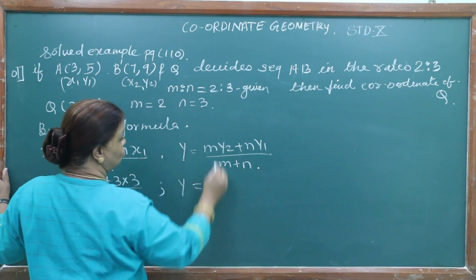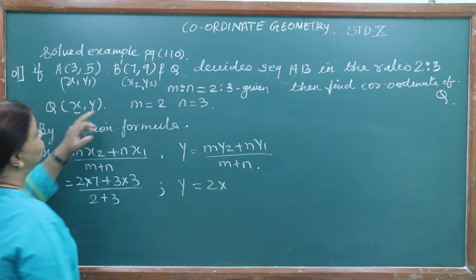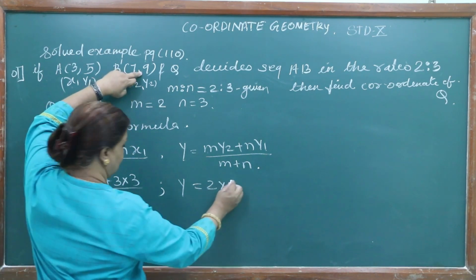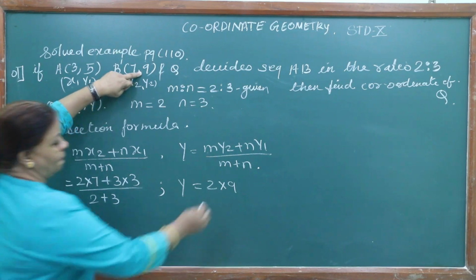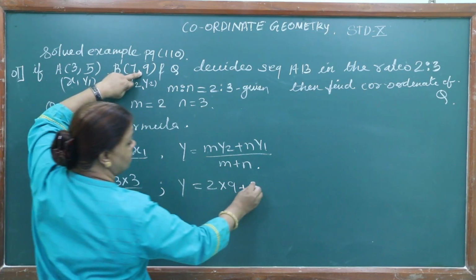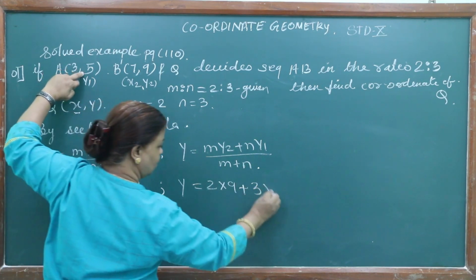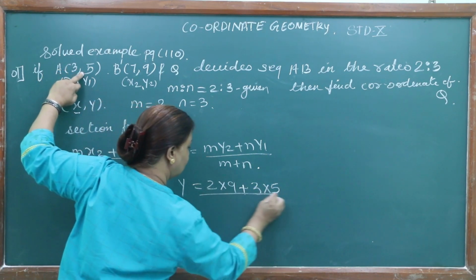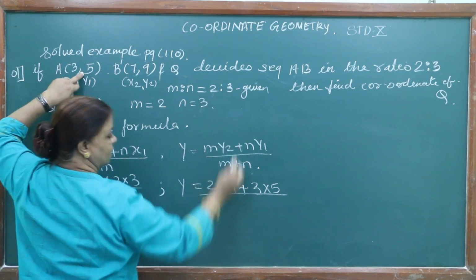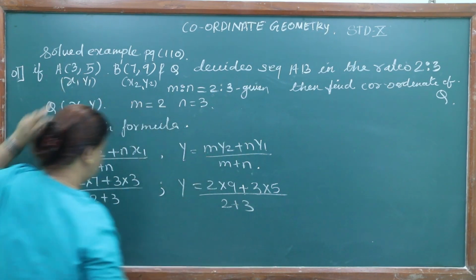Similarly, put the values here. m is 2 into y2, y2 is 9, plus n, n is 3, y1 is 5, into 5, upon m plus n, that is 2 plus 3.